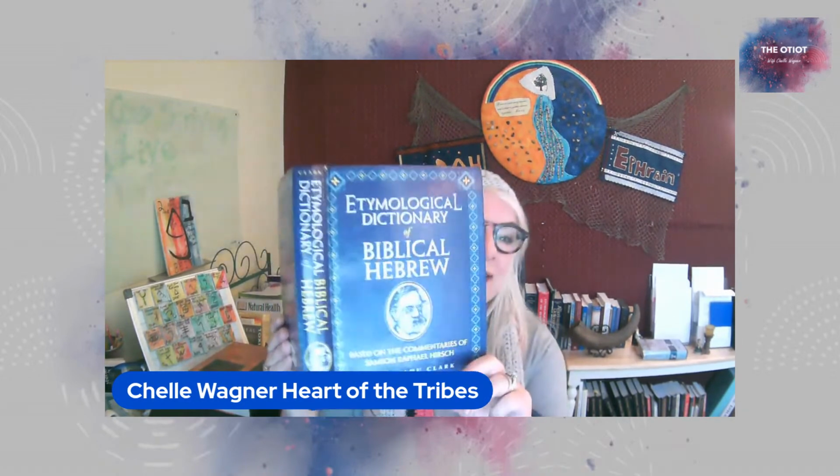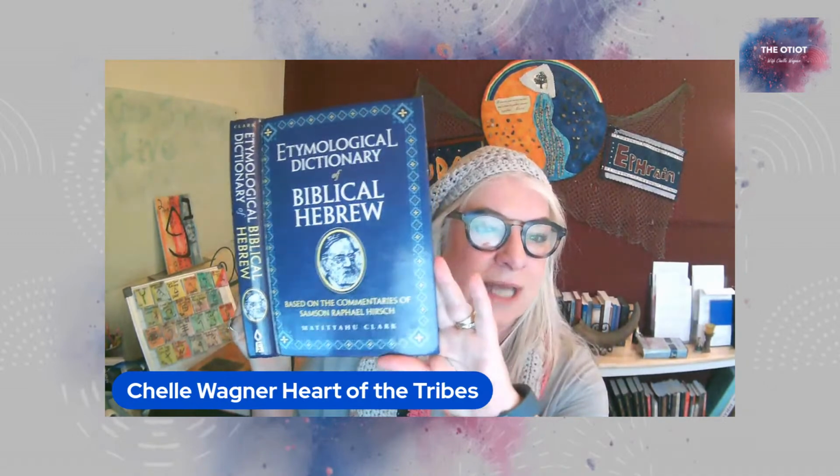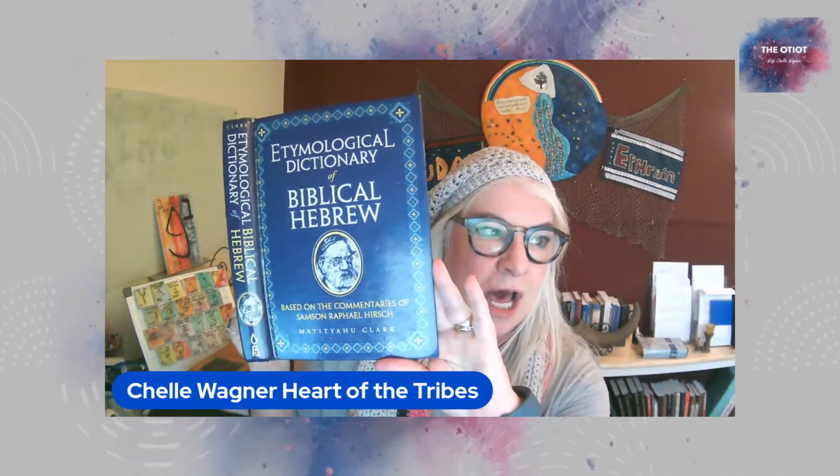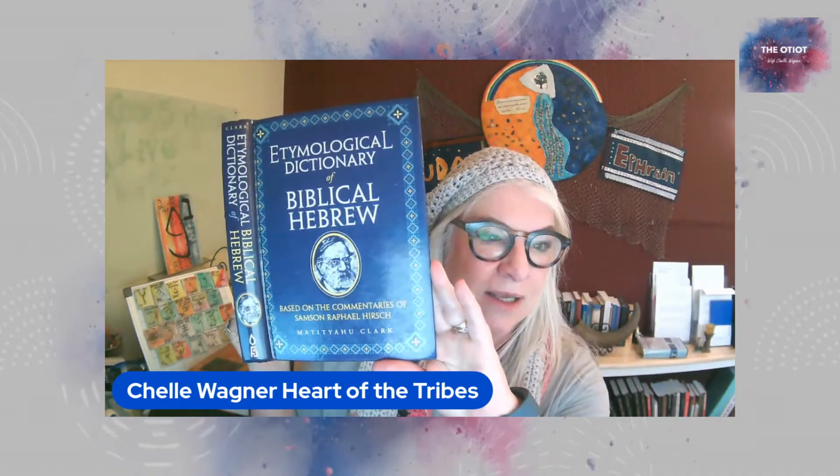I wanted to start today with a little bit of analysis out of... I'm getting tripped up on my words. It's kind of a difficult thing, but I'm sharing something out of this book, and it's a principle of understanding how Hebrew works.